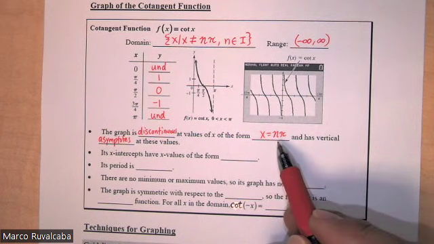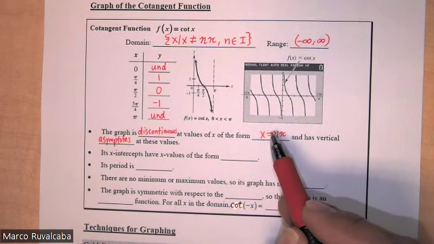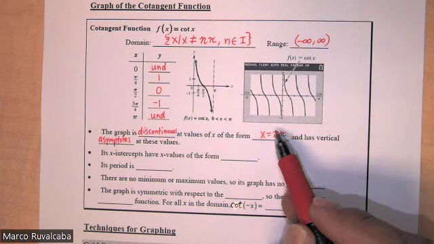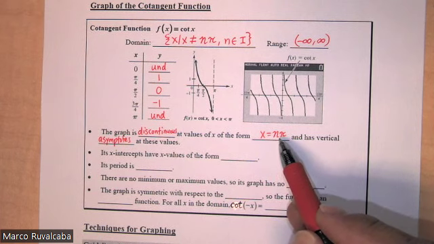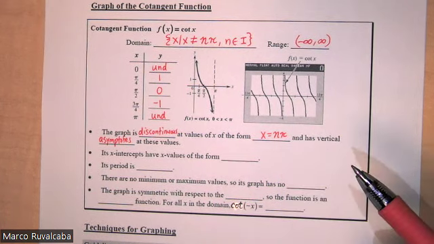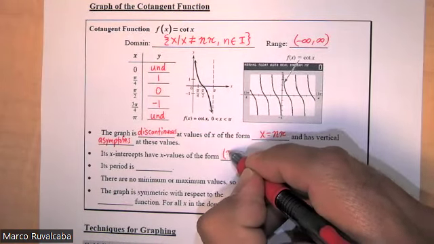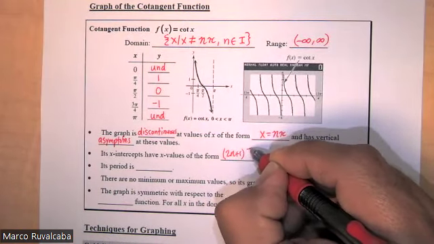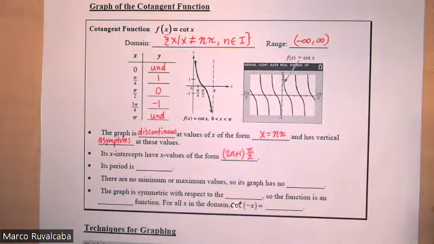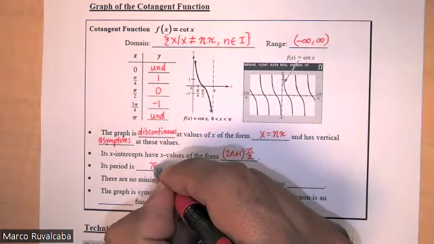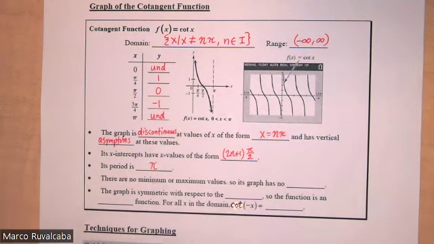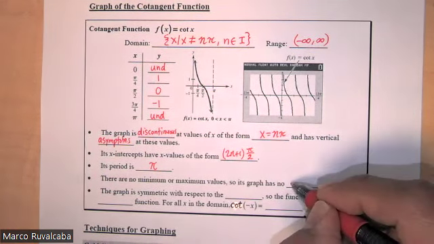If you recall, tangent had x-intercepts at x equals n pi, but these are now the vertical asymptotes of cotangent, and the vertical asymptotes of tangent are now the x-intercepts of cotangent. They're going to look like this, where n is an integer. Its period is still the same, it's still pi. There are no minimum or maximum values, so it has no amplitude.